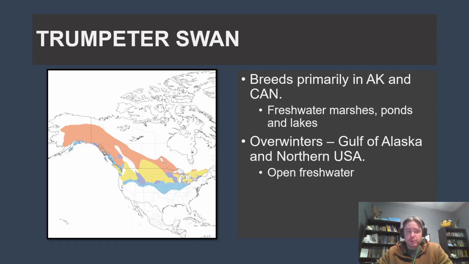These guys breed mostly in Alaska and Canada, and they breed on freshwater marshes, ponds, and lakes, whereas they overwinter in the Gulf of Alaska and the northern United States in various areas of open freshwater. In any case, wherever they breed, they need to have at least 100 meters of room for takeoff. So that's an important aspect of their habitat selection.